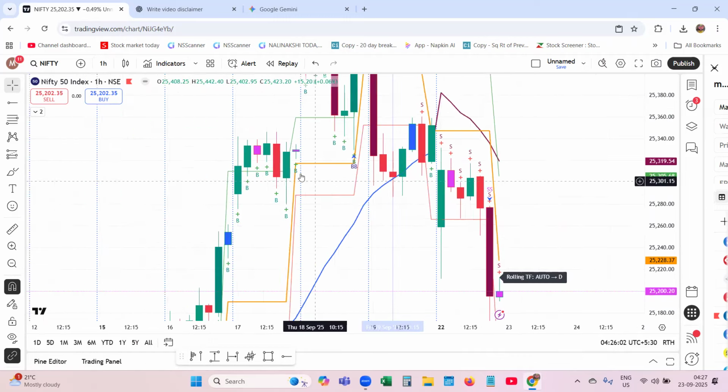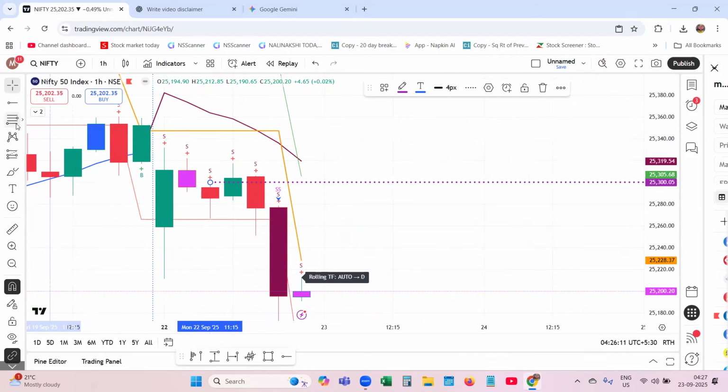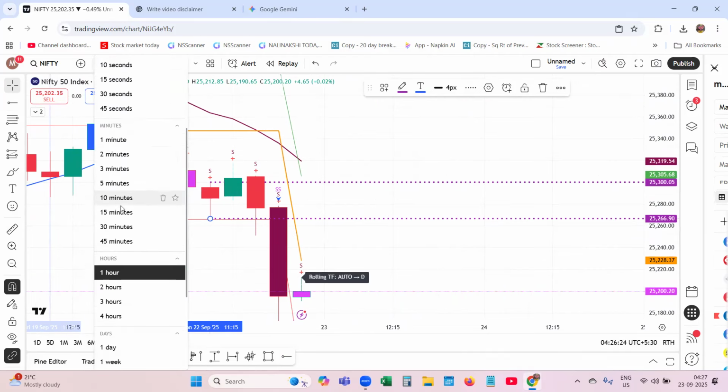You need to wait till the hourly time frame is formed. So I am marking the high and low of the hourly candle, third hourly candle. So I am going to the 5 minutes time frame.